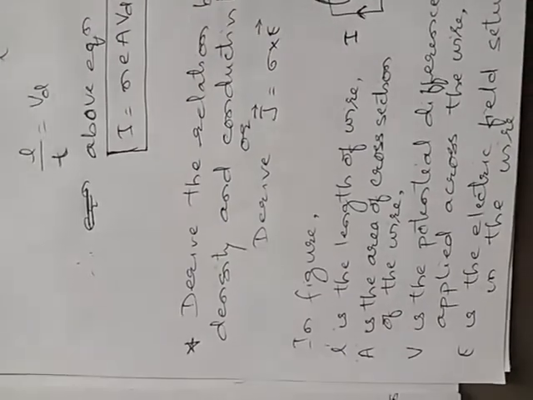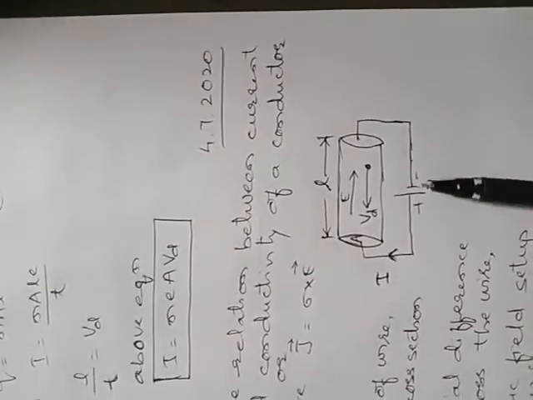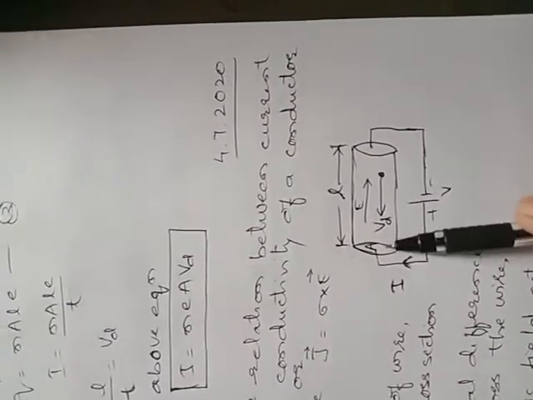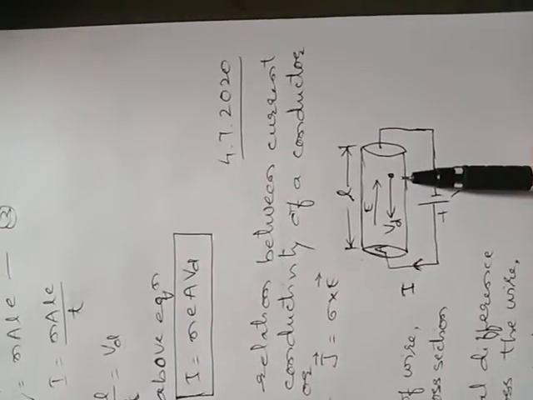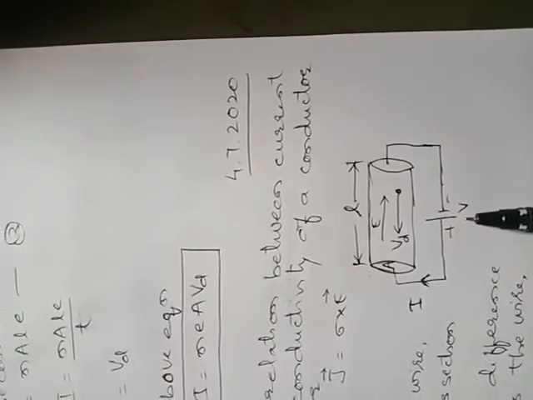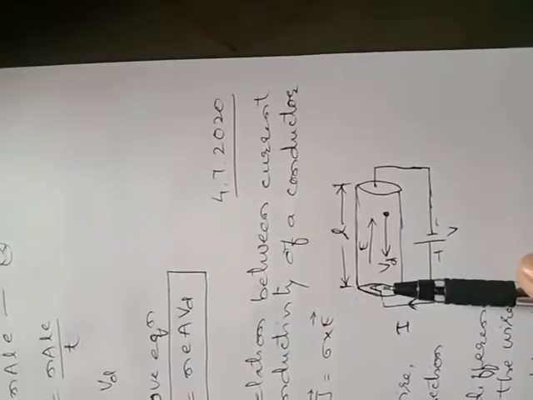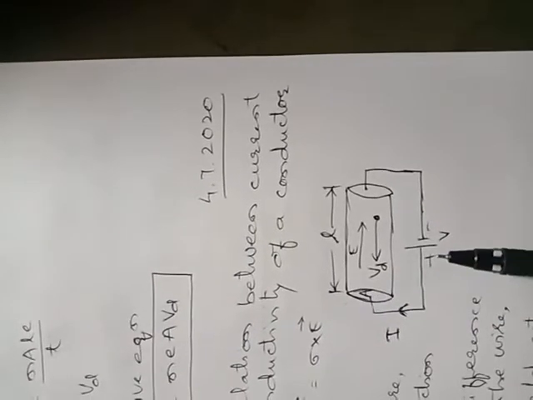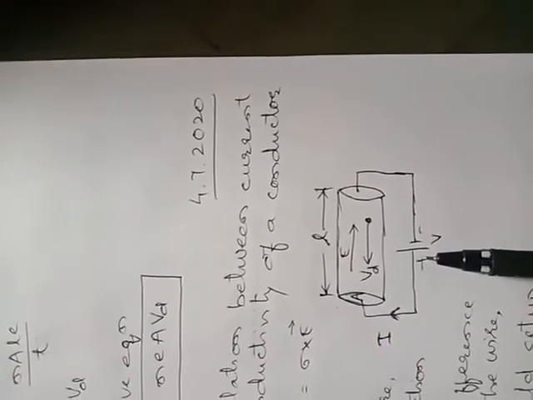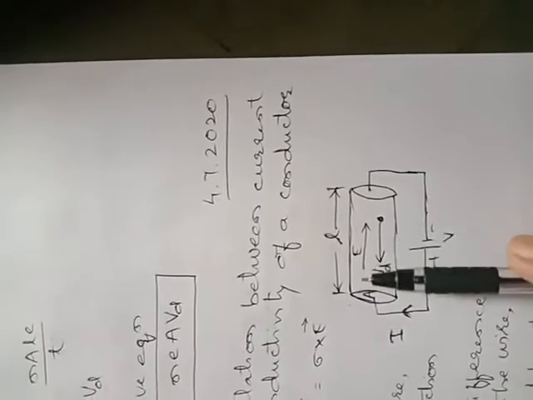For this derivation, again the drawing is the same. A length of the wire is taken, it is connected to the battery, whose potential is V, and the area of cross section is A. As soon as we connect the battery to this conducting wire, an electric field will be set up.